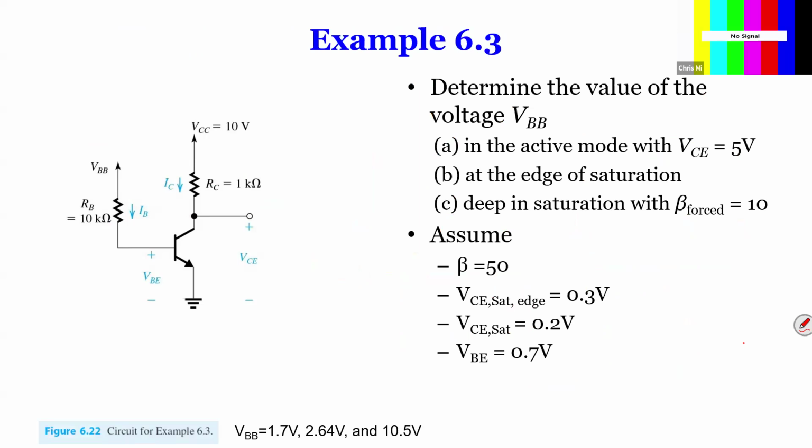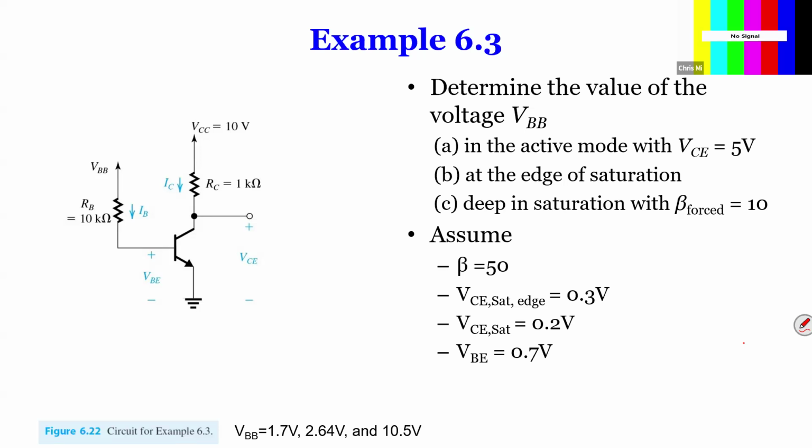This example asks us to determine the value of VBB so that A, the BJT works in active mode with VCE to be 5 volts. That should be fairly straightforward.